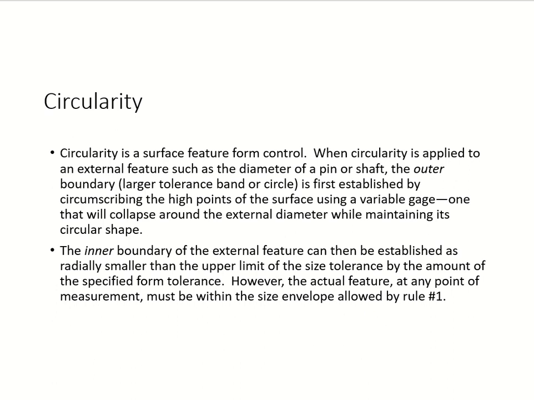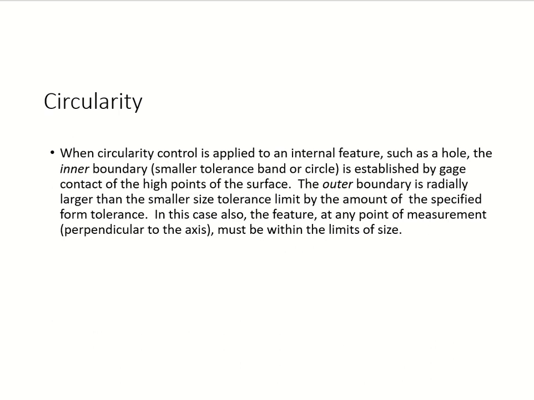The next one is a control. Circularity control is applied to the entire feature, like your whole inner boundary, your circle, usually established by the gauge contact at the high points.